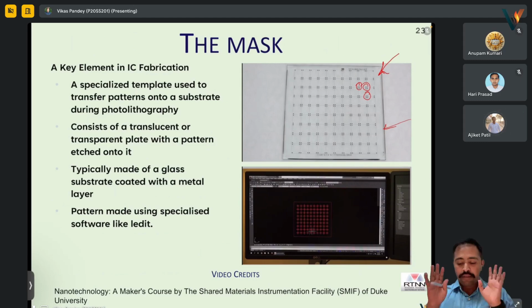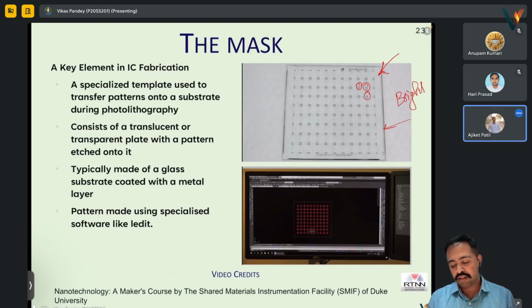The background is transparent. In this case, most of the background is transparent, so it is a bright field mask. And if we had everything dark and just the points where we want the pattern open, that would have been a dark field mask. Right? Seeing this, you will remember better.